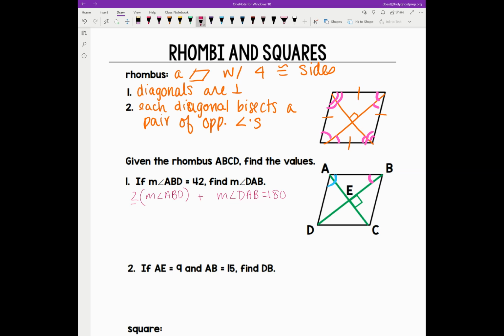And here's why we say 2 times. Because we know that diagonal bisects it, I know that I have 2 equal measures in the top right corner of my diagram here, and I know my consecutive angles, because it's a parallelogram, have to equal 180.